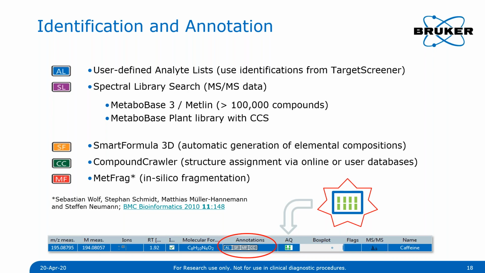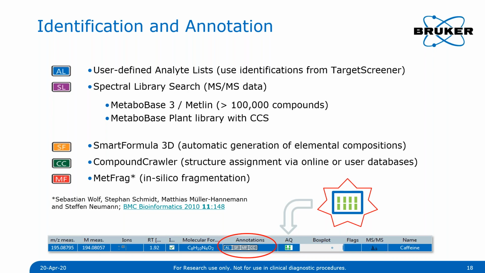Once the most likely molecular formula is automatically generated, it can be sent to a compound crawler. This is another software tool that searches several online databases, such as PubChem and ChemSpider, and there are others, and there can be user libraries as well, to retrieve possible candidates for molecular structures.